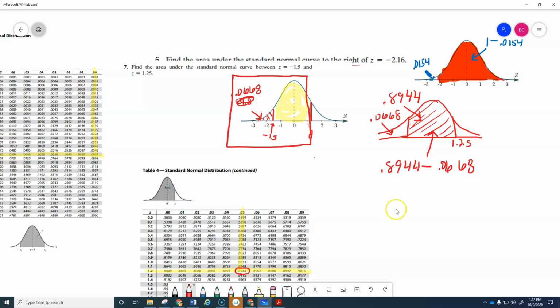I'm sitting in the dark, so find my calculator. 0.8944 minus 0.0668, and my answer is, I did it wrong. I said 0.98, not 0.89. 0.8944 minus 0.0668 comes out to be 0.8276. Now let's run over here to StatCrunch and see if we get 0.8276.